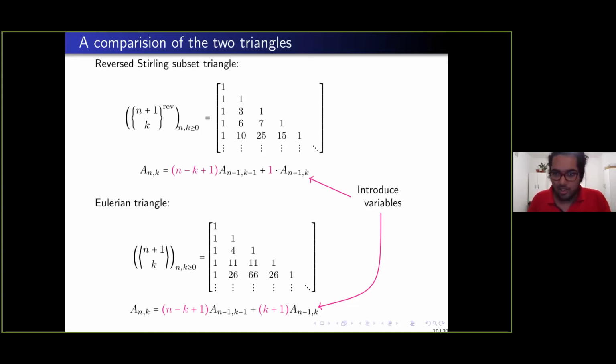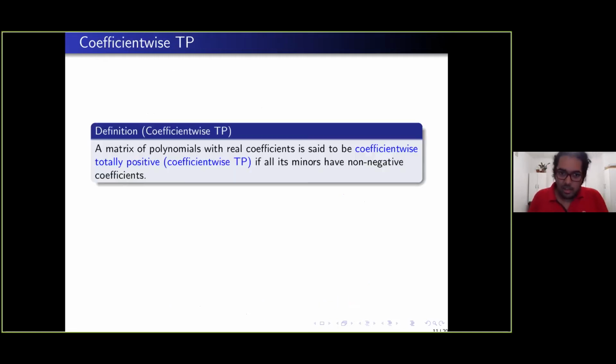But if you have variables in your recurrence, you're going to end up with a matrix of polynomials. So what does total positivity even mean there? Well, a matrix of polynomials with real coefficients is said to be coefficient-wise TP if all its minors have non-negative coefficients. So the minors of this matrix are going to be polynomials themselves, and we want them to have non-negative coefficients.